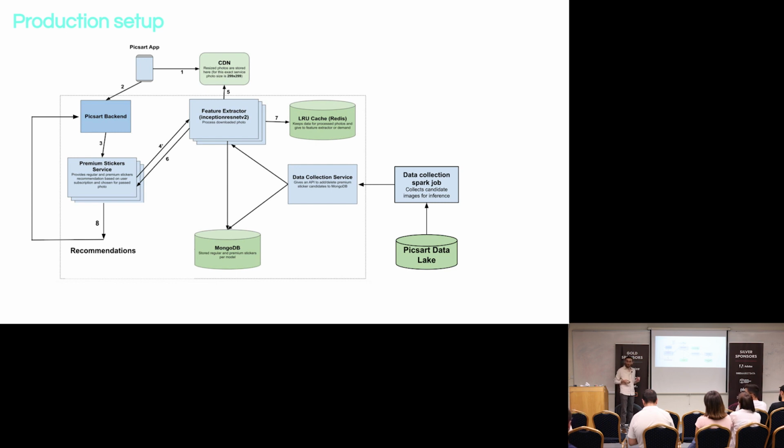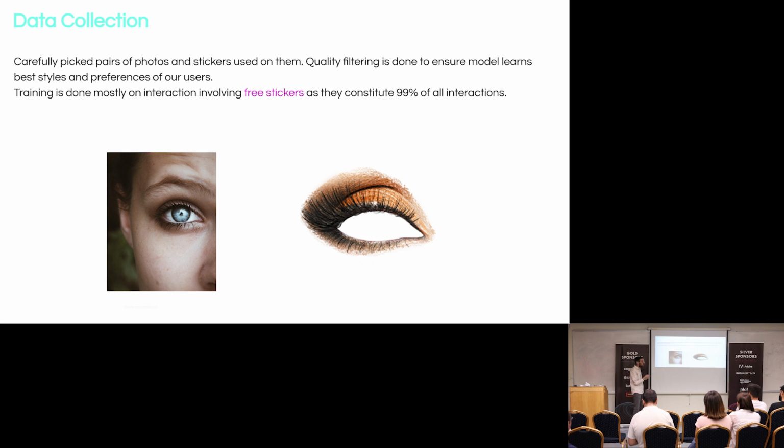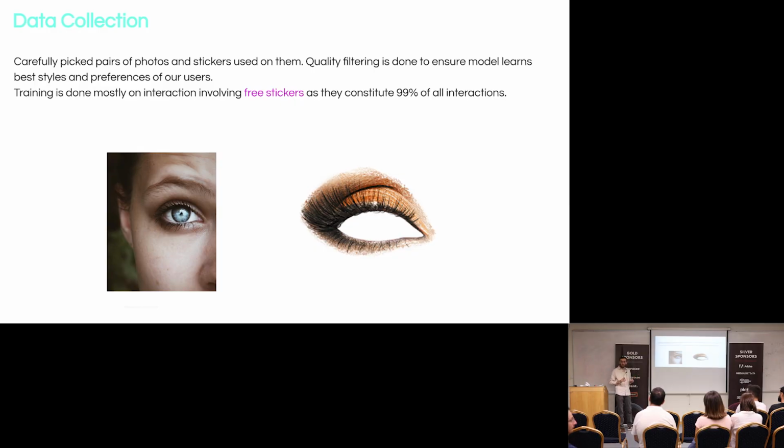The input images, these pairs that I talked about: this image and this sticker would appear as a pair if this sticker was applied on this image and the final edited image was liked by the majority of PicsArt users. We consider this a very high quality image. We know that this matches with this because otherwise you wouldn't like it. And we take these pairs as training data.